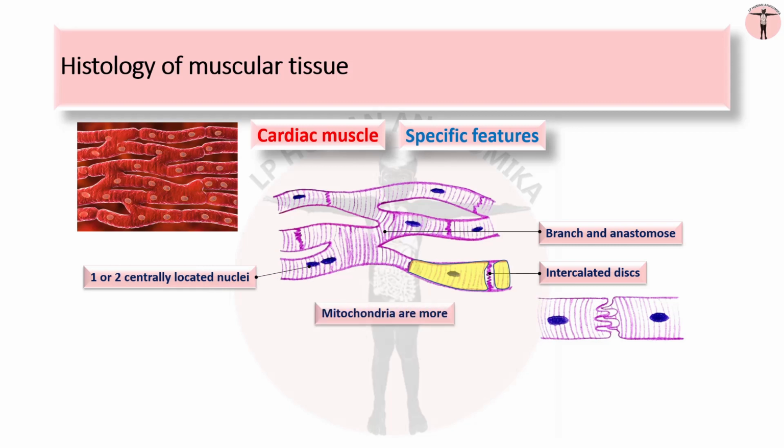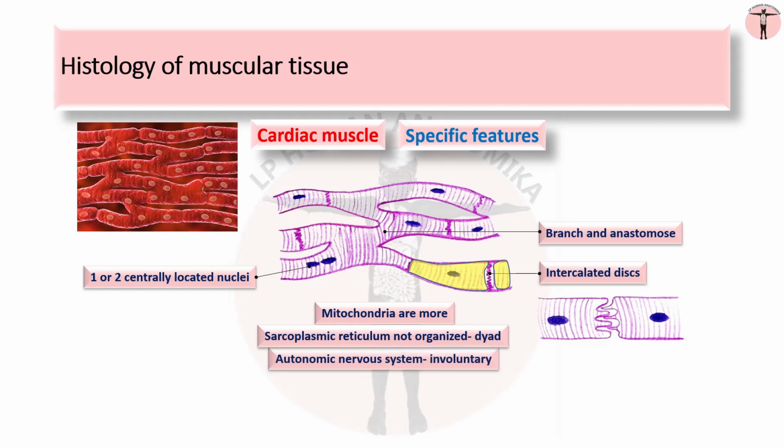Mitochondria are more in number. Sarcoplasmic reticulum is not organized. The terminal cisterna is present only on one side of the T-tubule, forming a dyad at the Z disc. It is supplied by the autonomic nervous system and is involuntary in nature. It does not regenerate after damage.